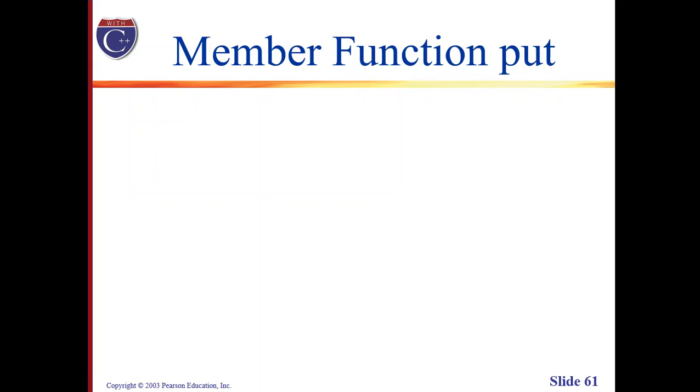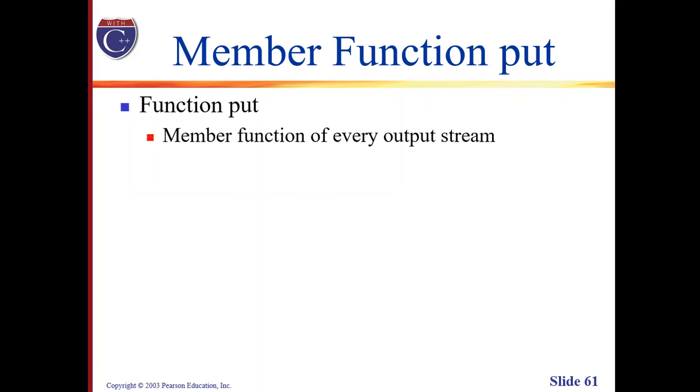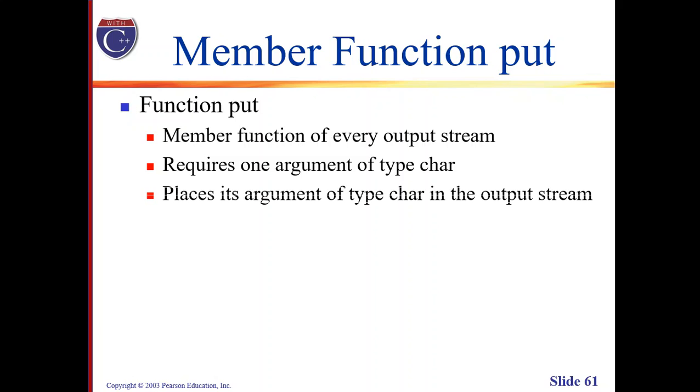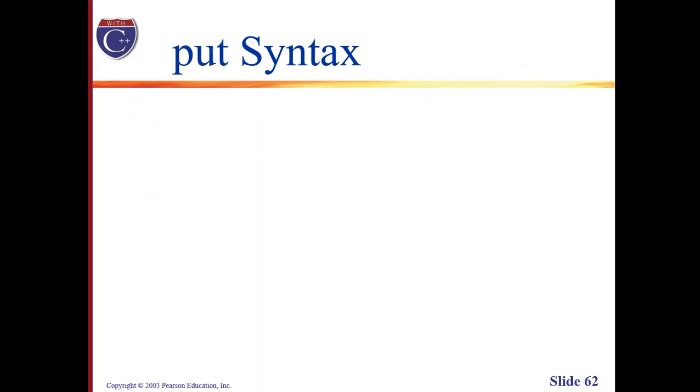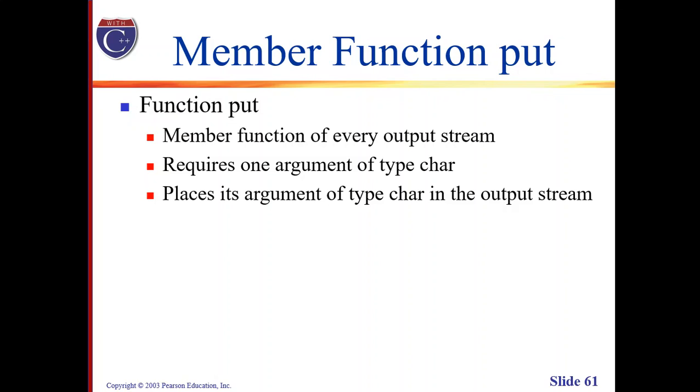Now let's talk about the member function put. Just like the get function, it is a member function of every output stream. And it requires one argument of type char, and it places its argument of type char in the output stream. How it works, we will see in a couple of examples later on.